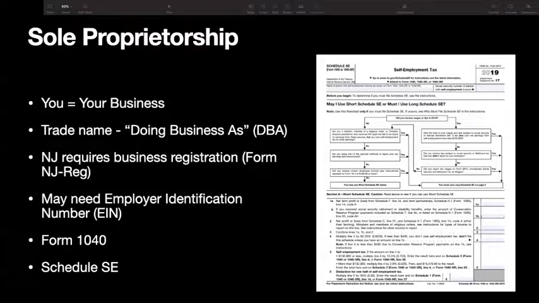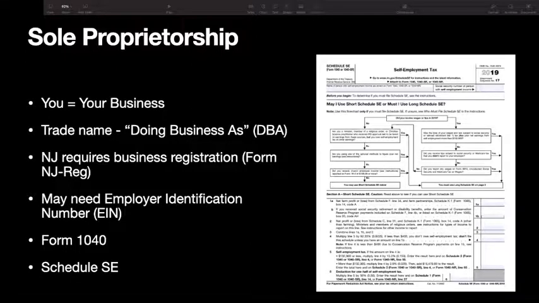However, I looked it up, and New Jersey does require it, even if you're using your own name for your Soleprop, and that form is Form NJ-REG. You can just Google it if you wonder about it. Because you yourself are your business, you don't need an EIN, a separate number for your business. You can just use your Social Security number to do the business.